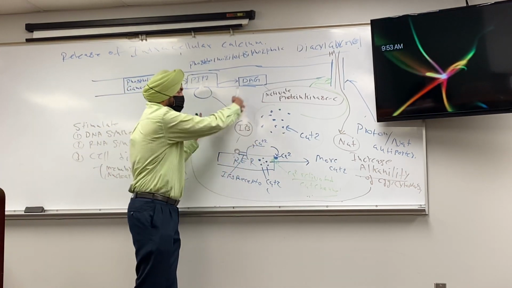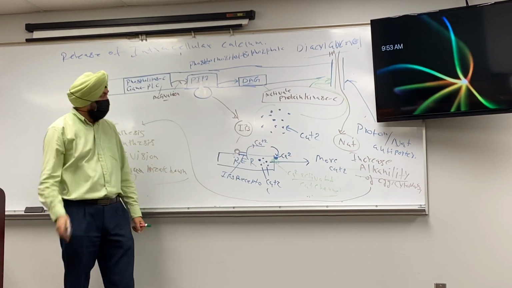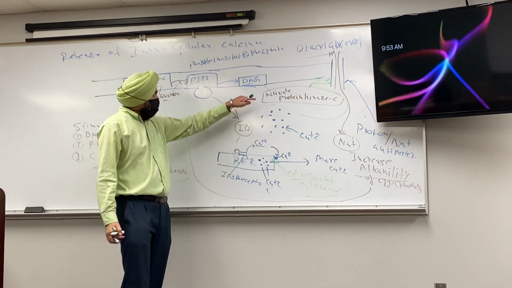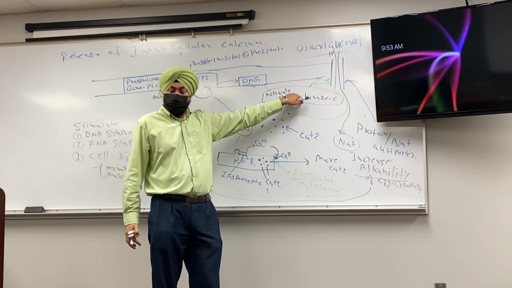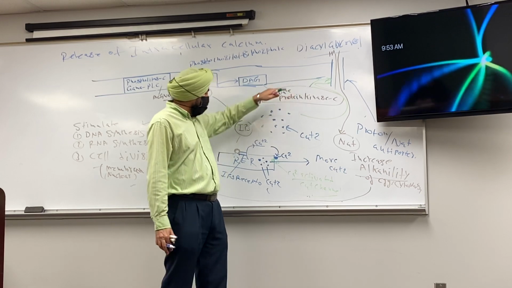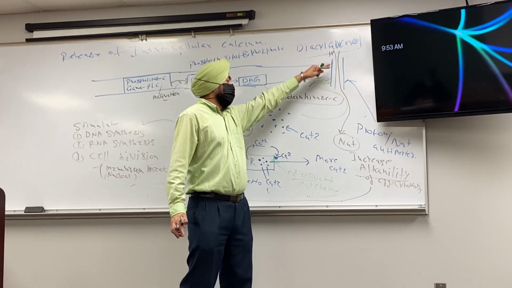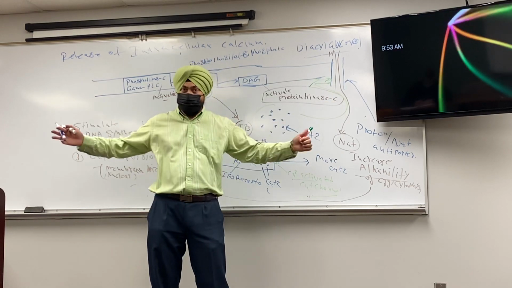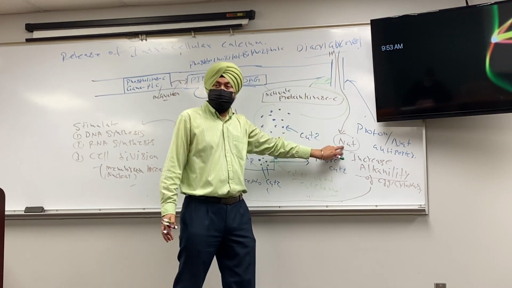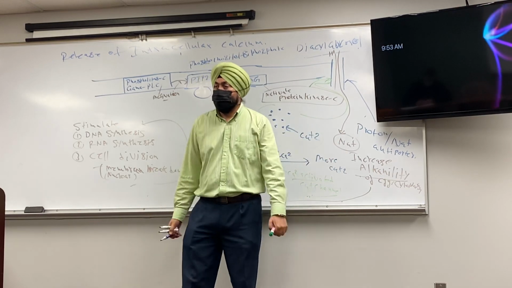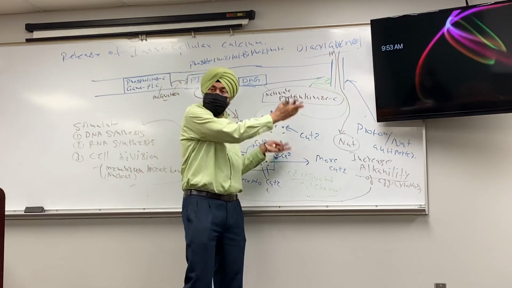Now your cytosol is flooded with calcium ion. Huge increase in the calcium. And then, in the meantime, DAG activates protein kinase C. Both activated protein kinase C and calcium together work on the sodium-proton antiporter and open it. That causes influx of sodium ion inside the cytosol that increases the alkalinity of the cytosol.